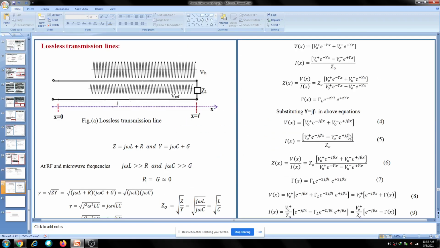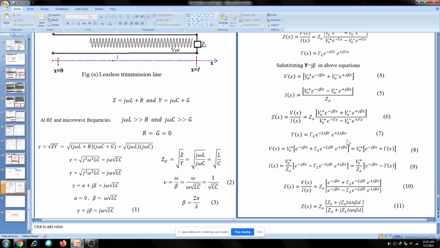For a lossless line, it simplifies to j tan beta d. If you rearrange this as I did in the earlier class, where I showed how to get the trigonometric z of x, similarly you do this for the other one and we get zl plus j z0 tan beta d over z0 plus j zl tan beta d.